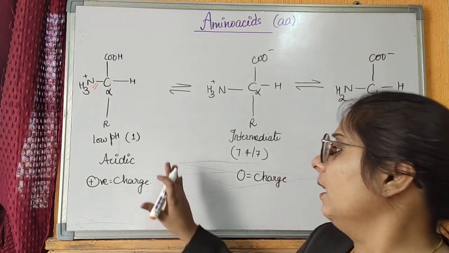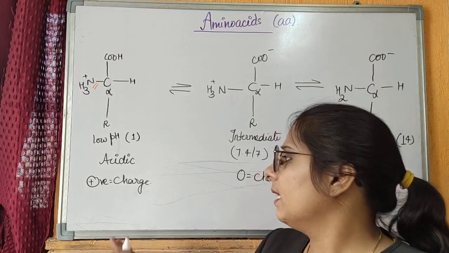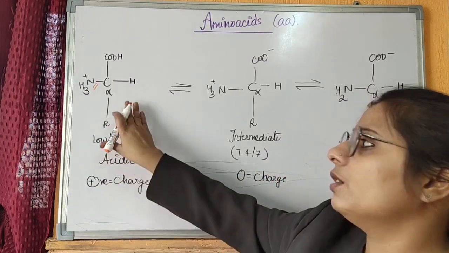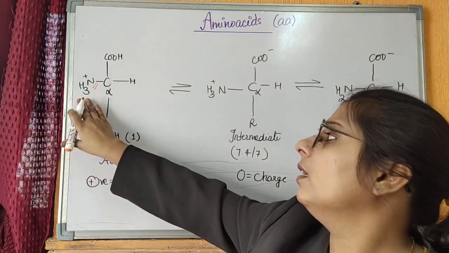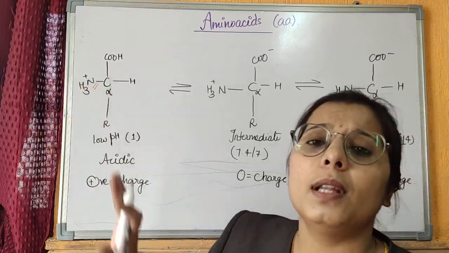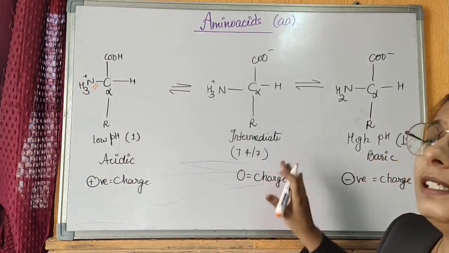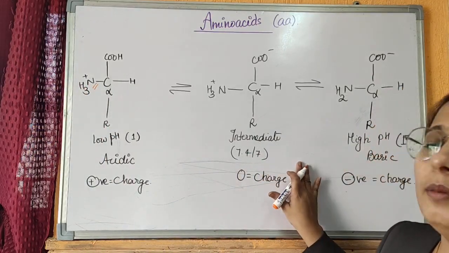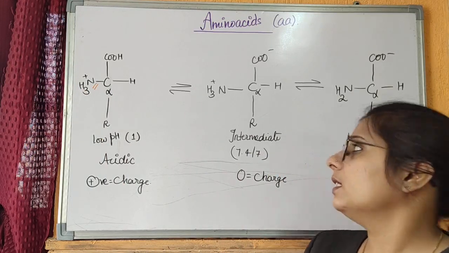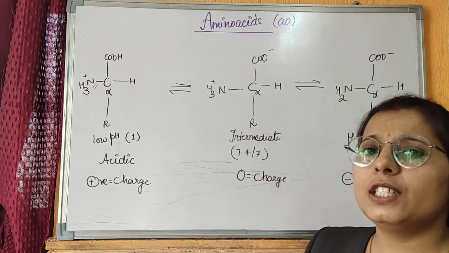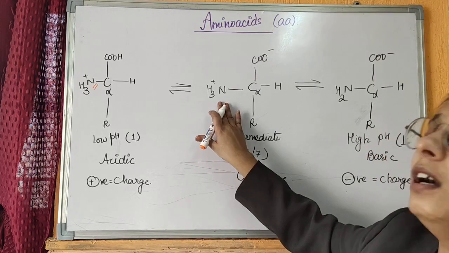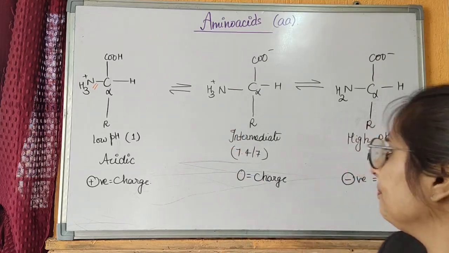In a low pH or the acidic condition, the positive charge is generated on an amino acid because of the protonated NH2 group, that is NH3 plus. But at intermediate or neutral pH, there is no charge on an amino acid, because of the neutralization of the negative charge of the carboxyl group and the positive charge of the NH3 group.